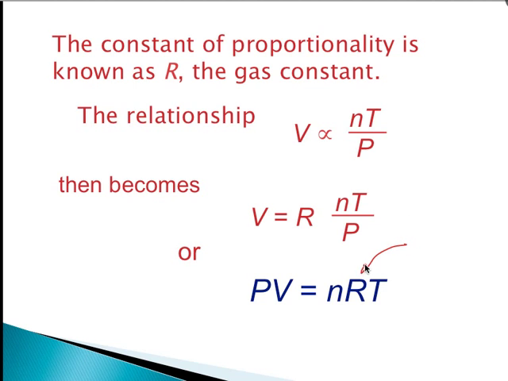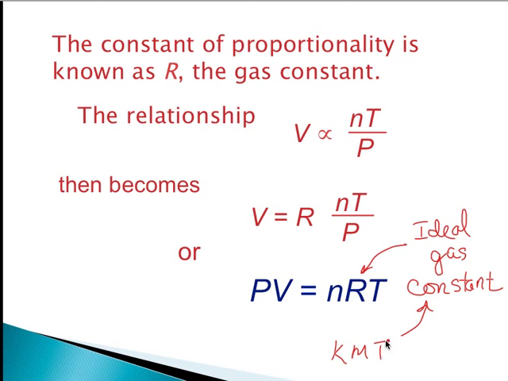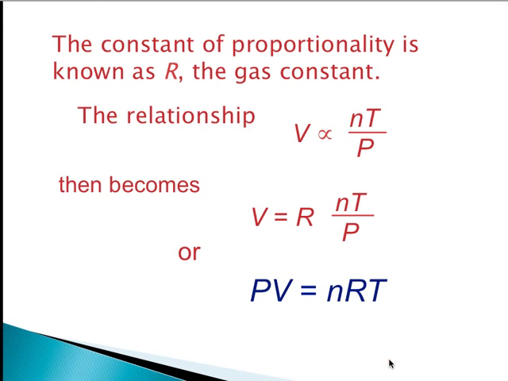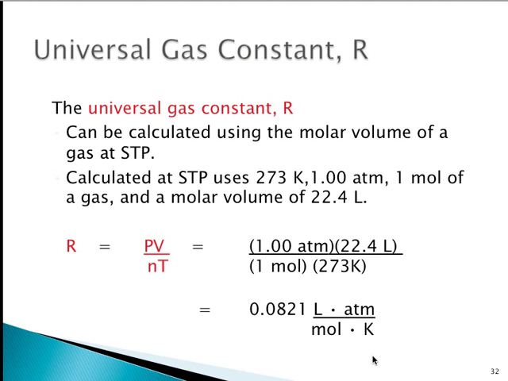This R is known as the ideal gas constant. And an ideal gas is one that pretty much follows the kinetic molecular theory.